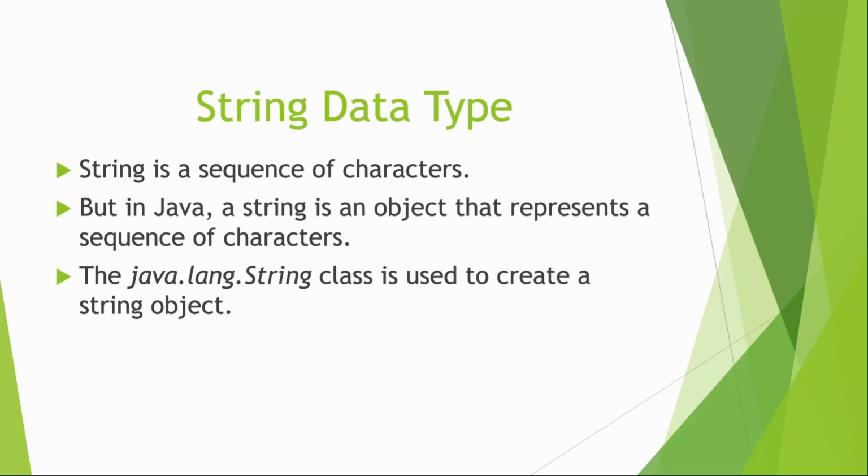As I told you earlier, non-primitive data types are user defined except string. So string is Java defined. String is always enclosed in double quotes. This will be seen once we keep on doing the programs ahead. We will see programs on string as well. The string class is available in java.lang.String and is used to create the string object.